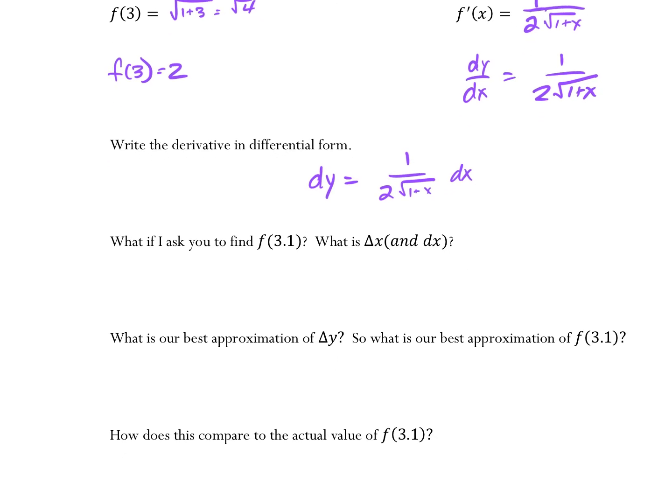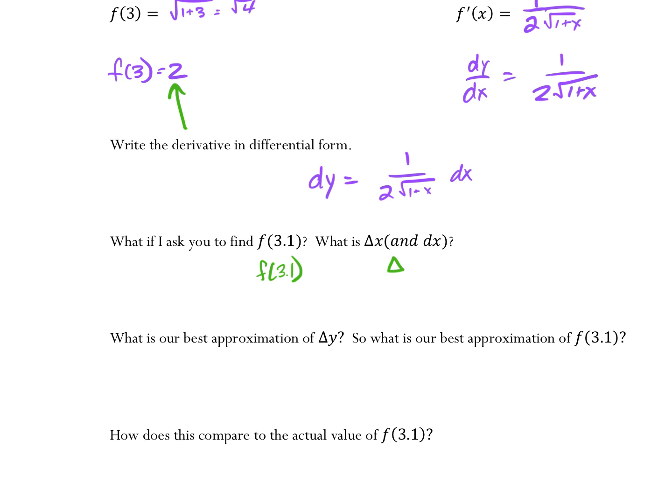So now, the whole point of using these is to estimate values of a function. So let's think through it if I ask us to find f of 3.1. I know f of 3.1 is going to be close to 2. The question is, how close to 2 is it?